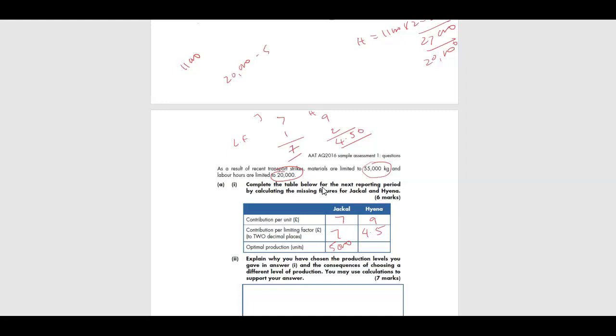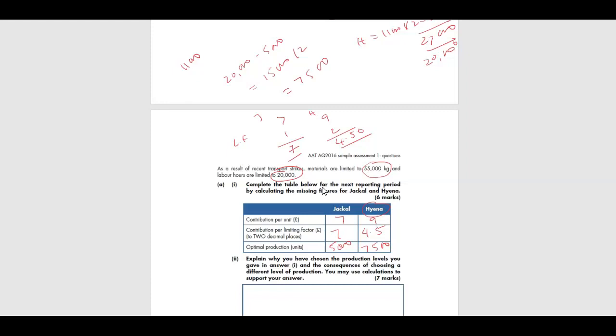And to make one H, we need to use 2 hours, so we can make a maximum of 7,500 units of H. So you're going to make the full J first because J will give me the higher contribution, and any hours remaining will make H. That's how we can complete the table for the limiting factor.